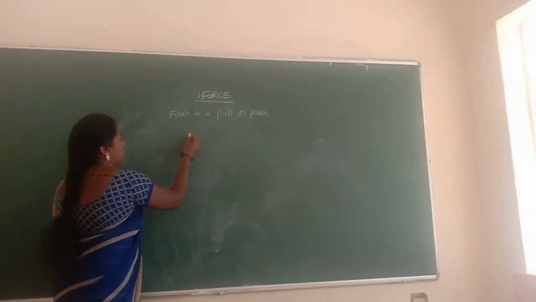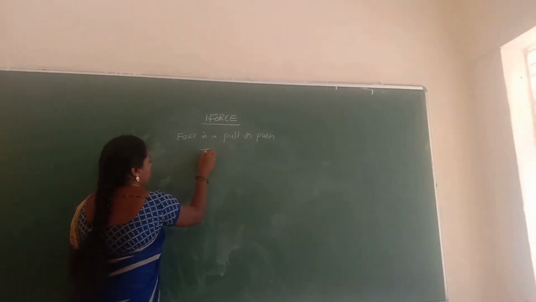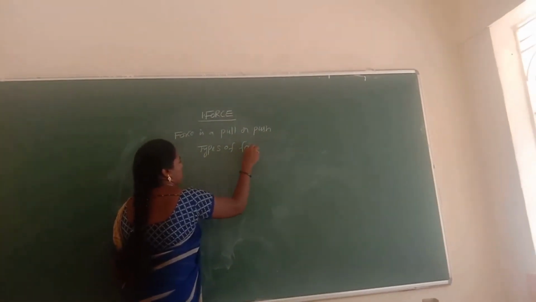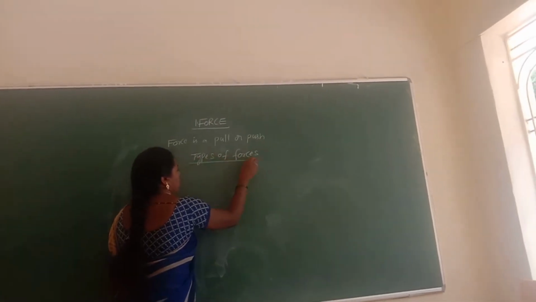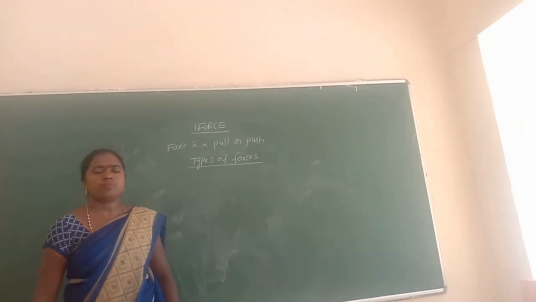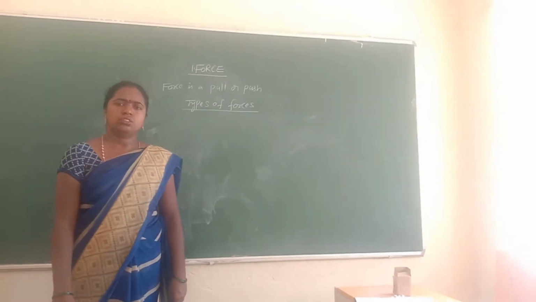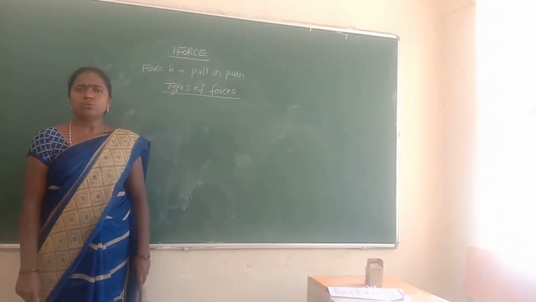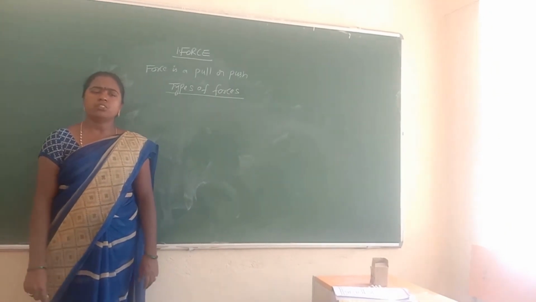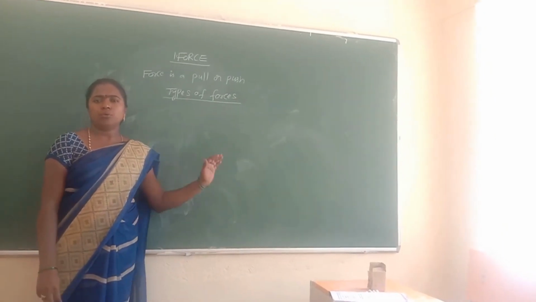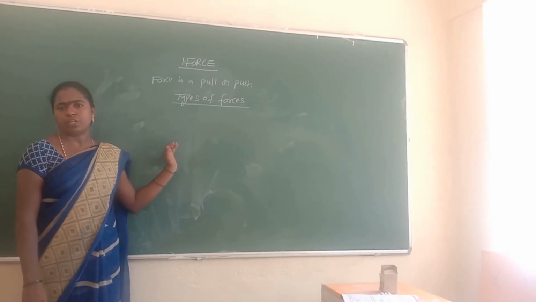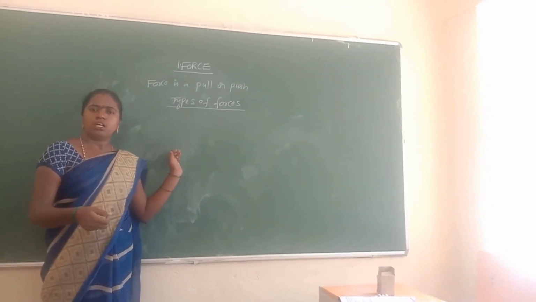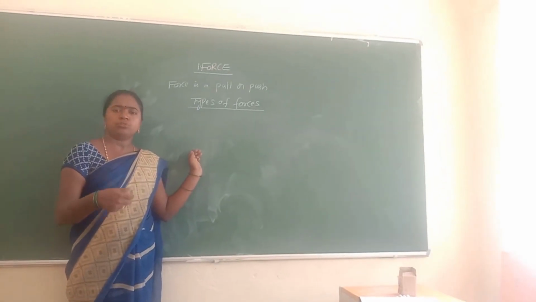Next is types of force. How many types of forces? Two types. First, we can see the magnetic compass. Why does the magnetic compass deflect near the bar magnet? And why do we press the toothpaste and it comes out?